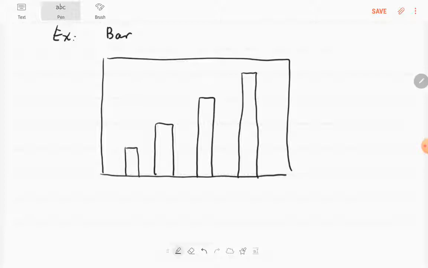And we also have our horizontal line. The horizontal line represents different years.